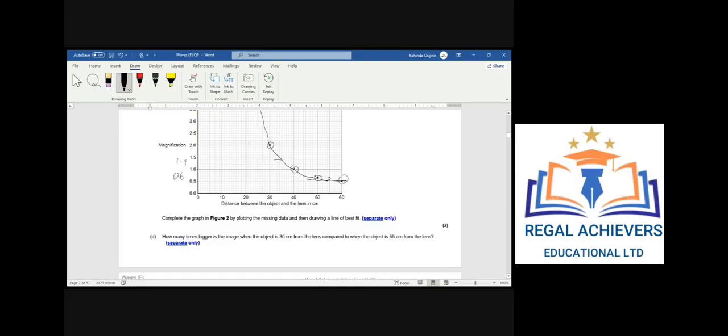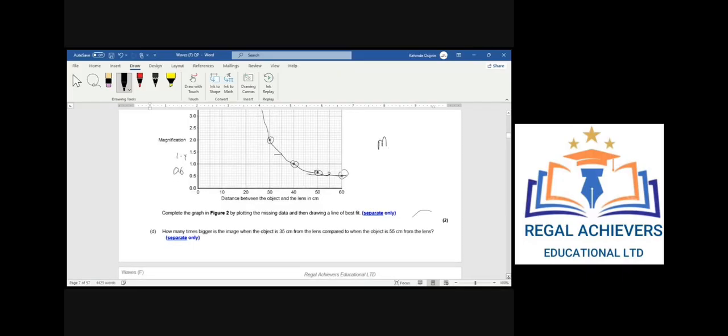So for 35 centimeters, we know it is 1.4. And for 55 centimeters, it is 0.6 already. We can see that the difference between the two of them is just 0.8. That is the difference in their magnification.